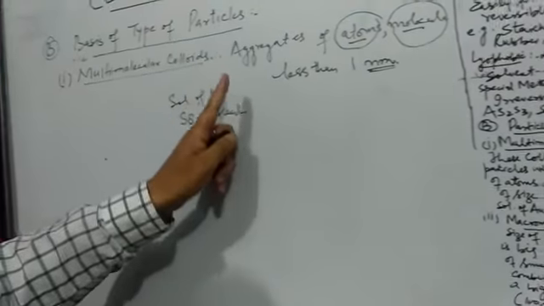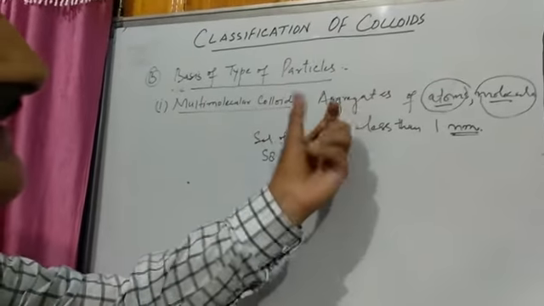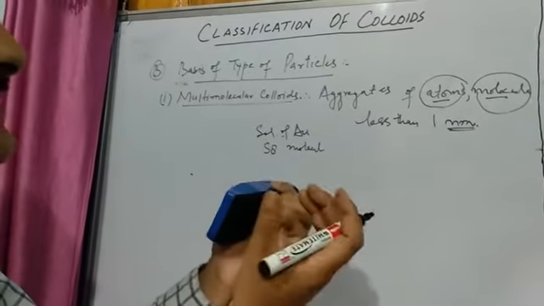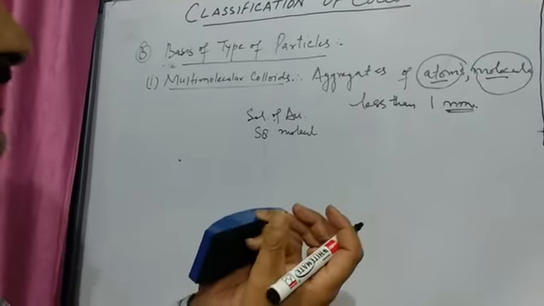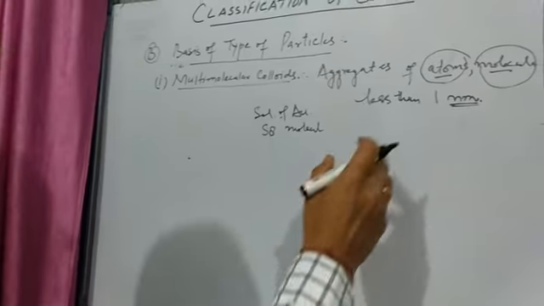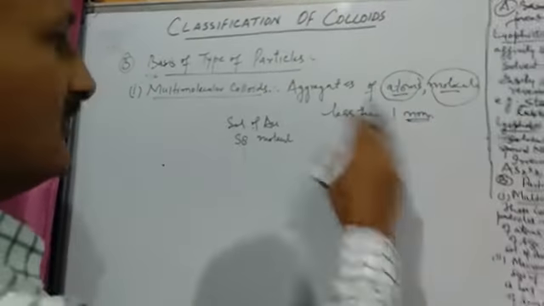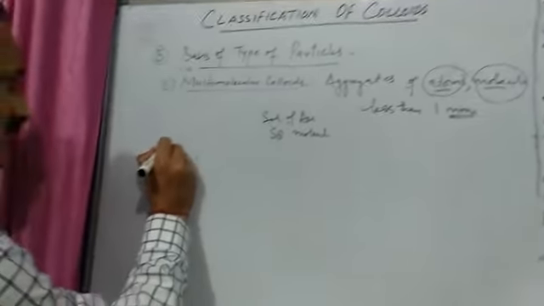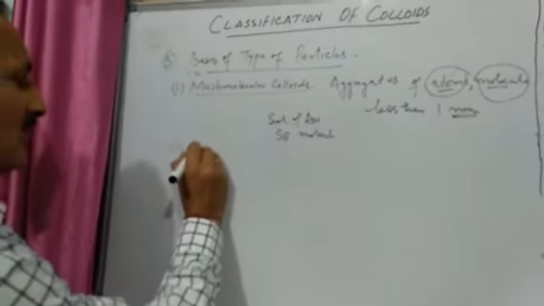So what are multimolecular colloids? These are those colloids which are aggregates, that is, various atoms or molecules combined. But the size of these atoms or molecules should be less than 1 nanometer. Then we have another type on the basis of particle, that is macromolecular.